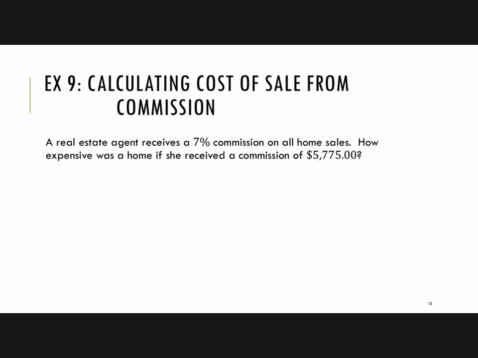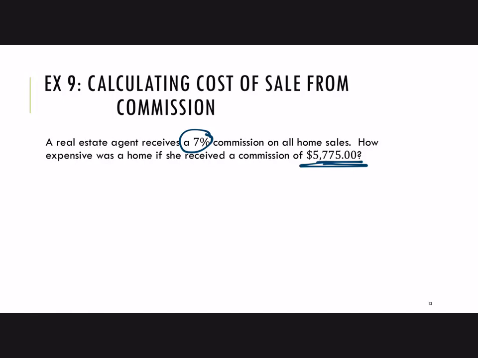All right, how about calculating cost of a sale from commission? A real estate agent receives a 7% commission on all home sales. How expensive was a home if she received a commission of $5,775? All right, so what do we know? We know the percentage, and then we need to know if this commission is the part or the whole.